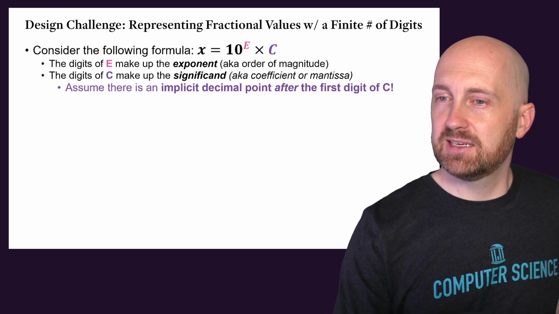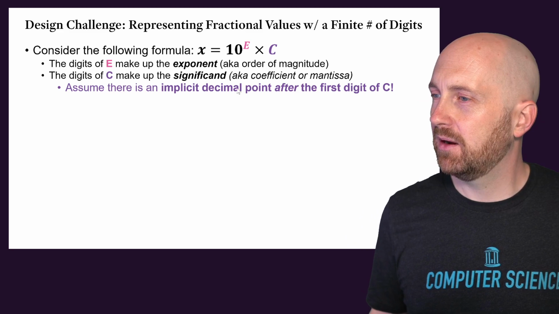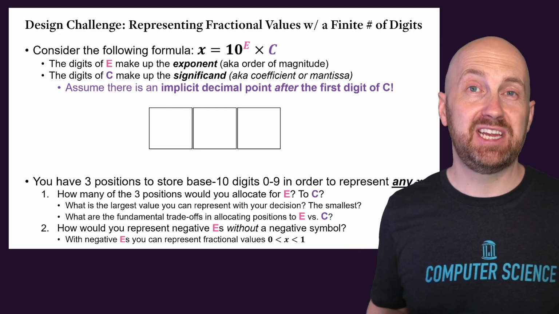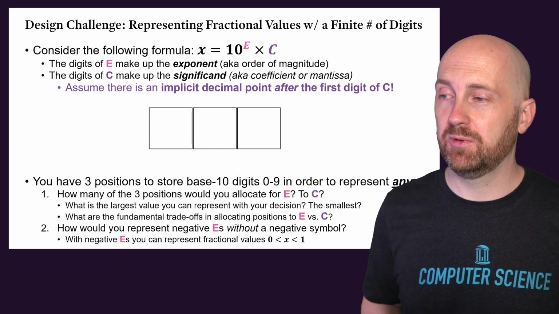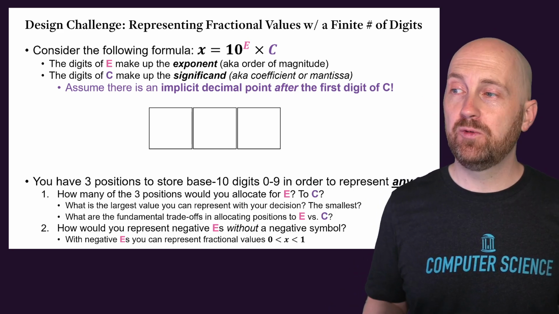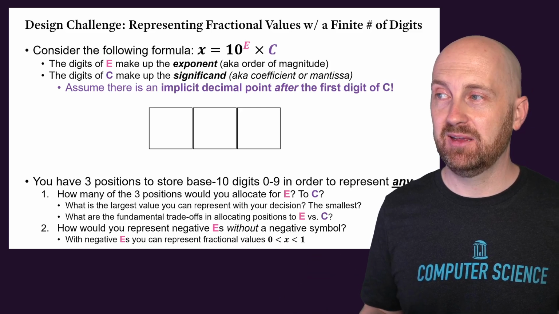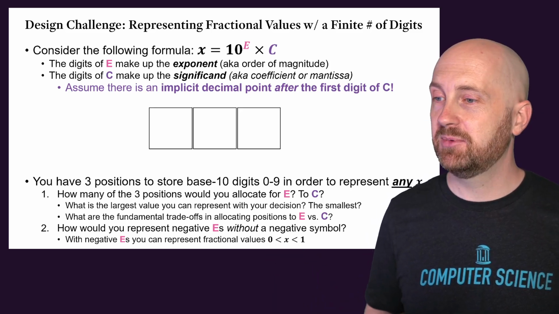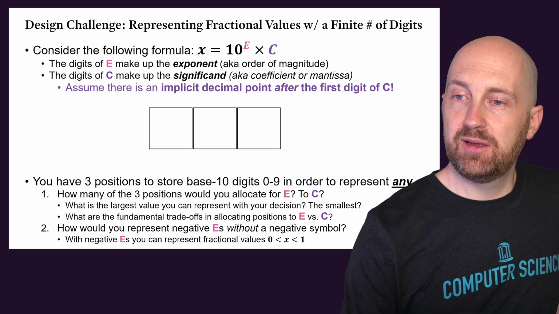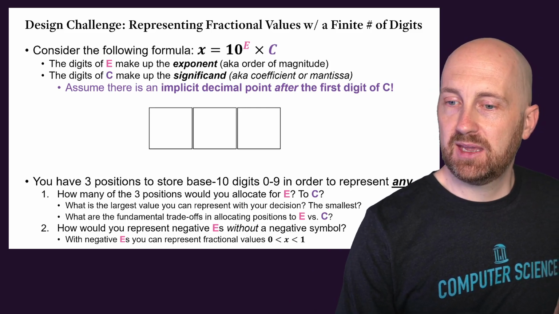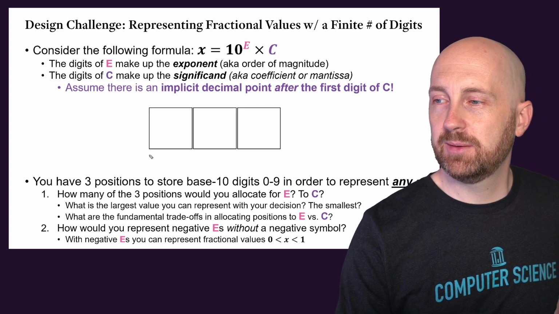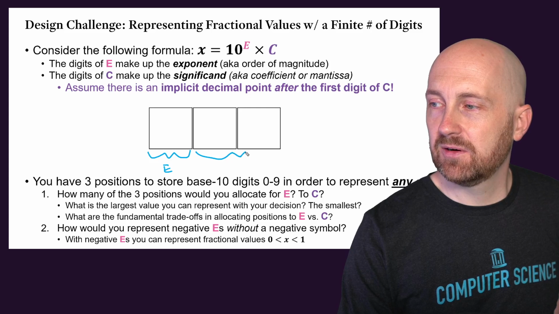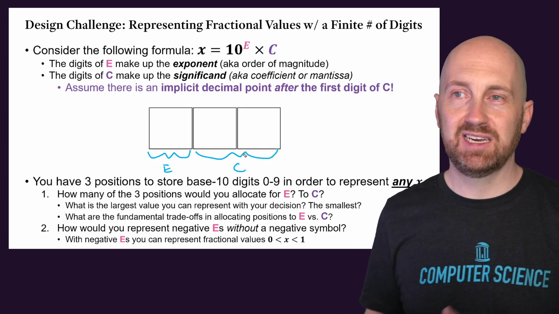With that knowledge, you've got a budget of 3 digit places to work with. How you allocate those 3 digits to either E digits or C digits is going to be up to you. Let me be a little more explicit. As one example, say this is my E digit, and these are my C digits, or my significand.